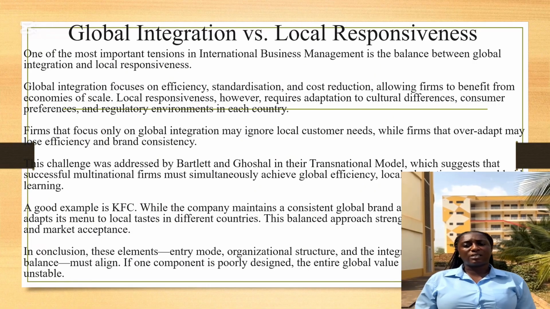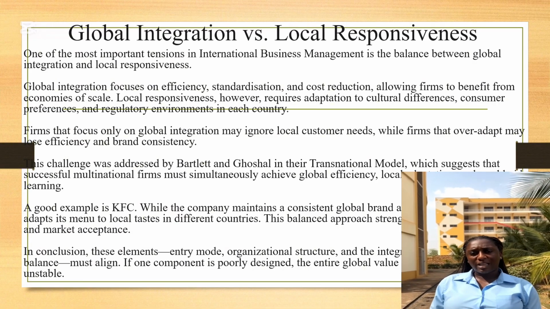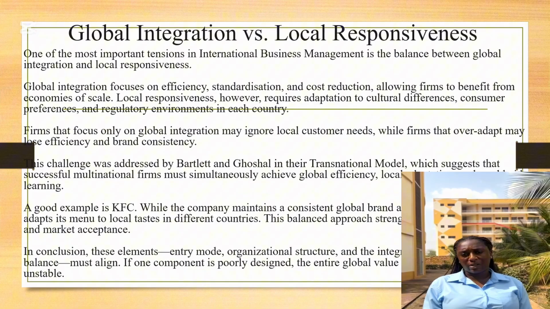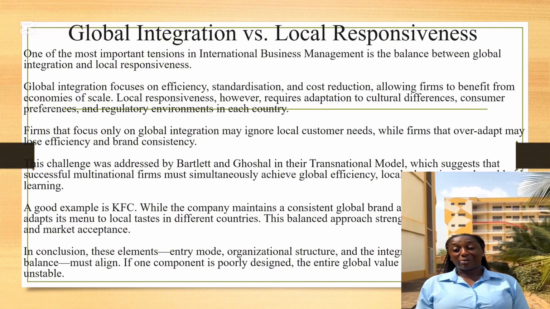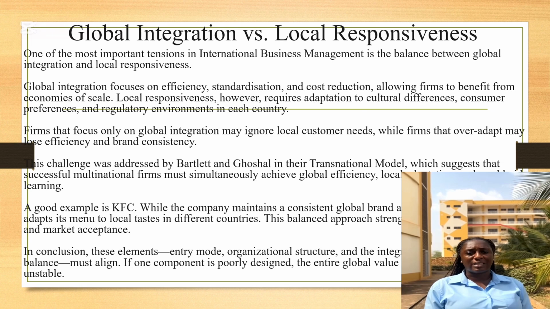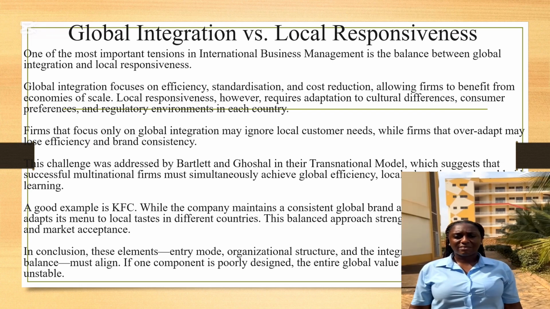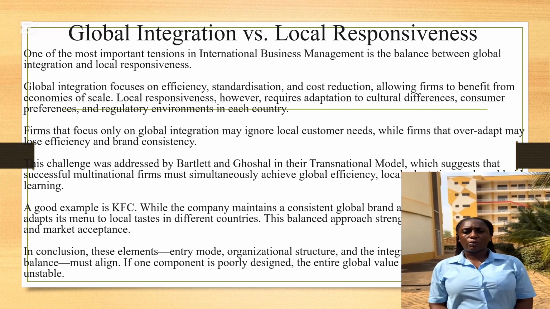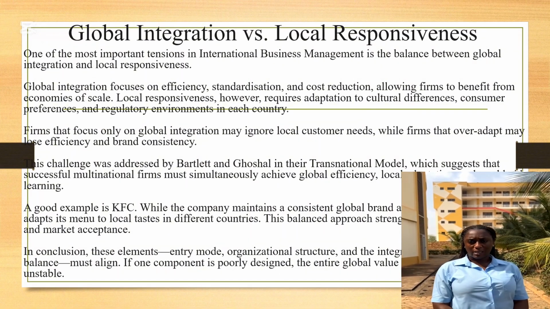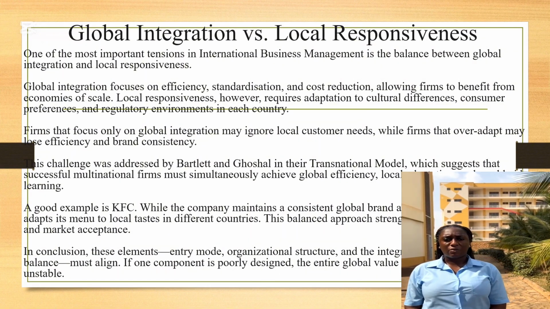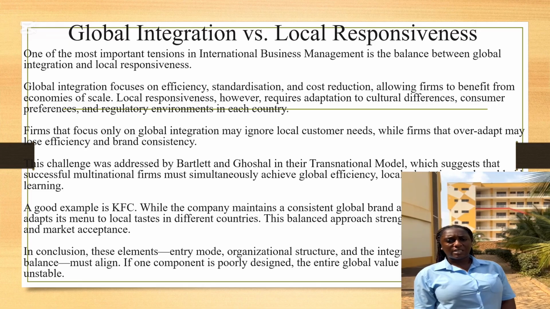Local responsiveness, however, requires adaptation to cultural differences, consumer preferences, and the regulatory environment in each country.